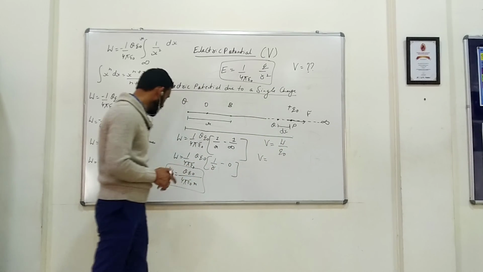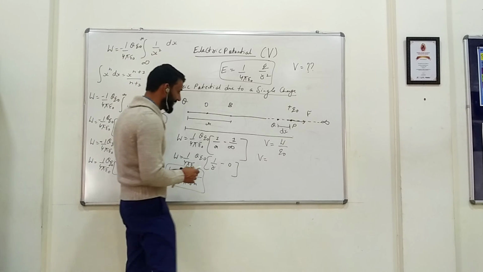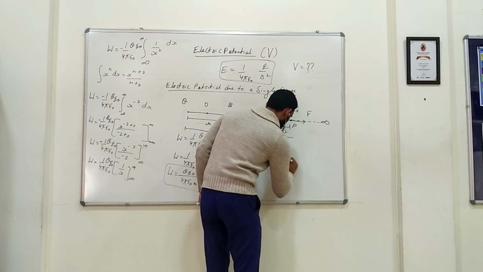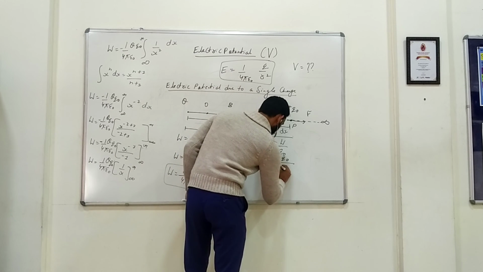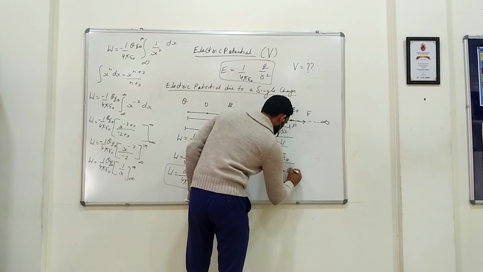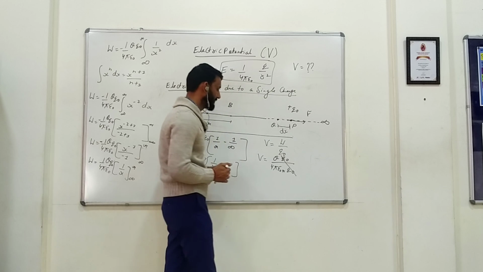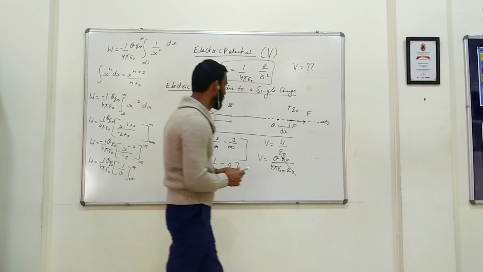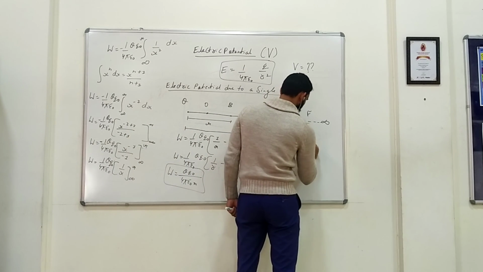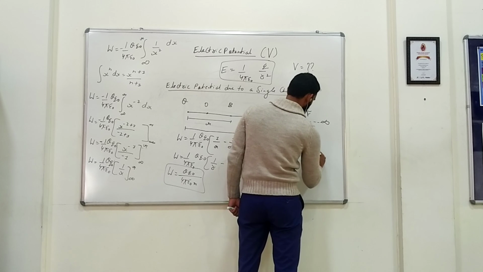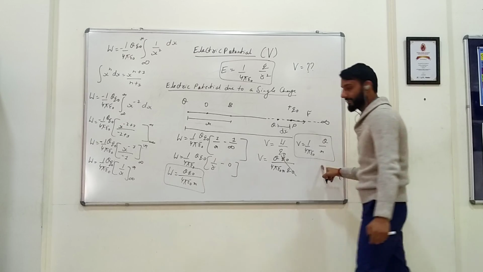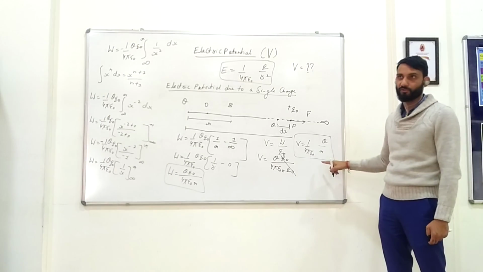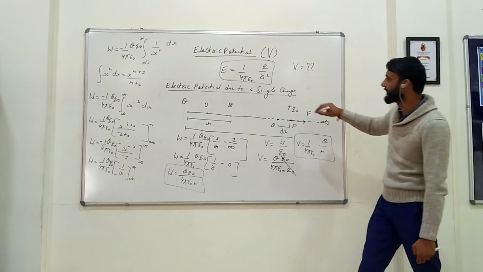In place of W, I can write this, Q Q naught upon 4 pi epsilon naught R, into Q naught. This goes off. So what I am left with is V is equal to 1 upon 4 pi epsilon naught, Q upon R.